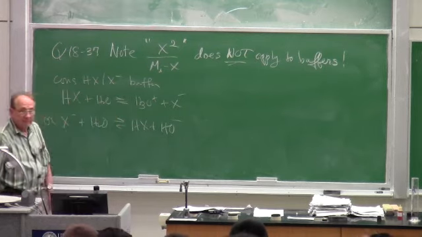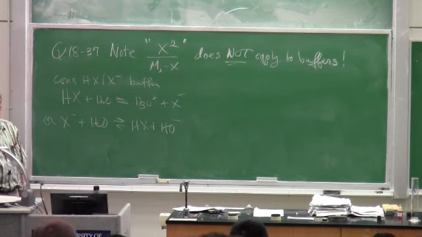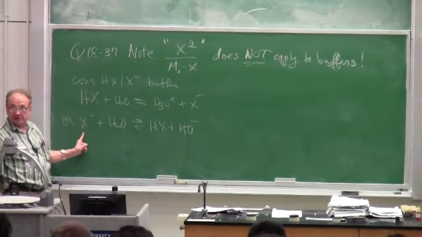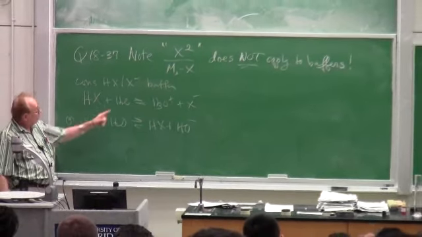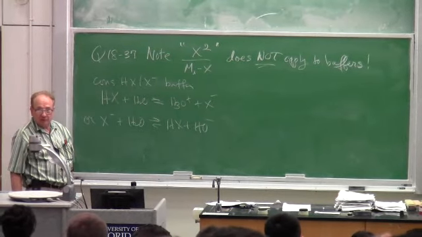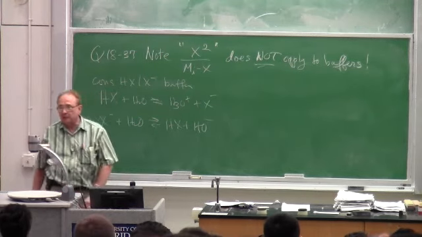Because in my buffer solution, if it's an HX/X minus buffer, my PSI will tell me that this is a principal species as well as this. That's why this doesn't apply. Because in a buffer solution, how will the hydronium ion molarity and the X minus molarities compare?